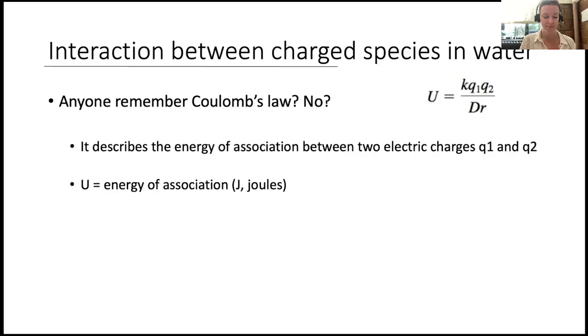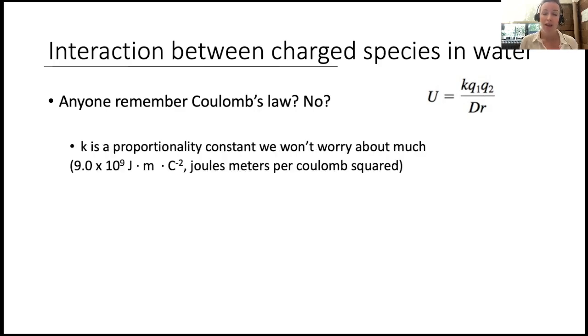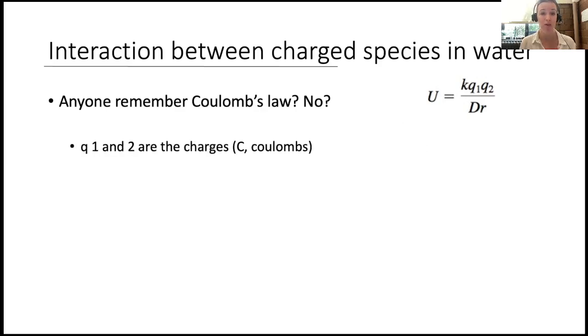So Coulomb's law describes the energy of association between two electric charges. And here are the two electric charges we're talking about, Q1 and Q2. U is the energy of association in joules. We can think about this as attraction or repulsion. K is a constant. Don't worry about the constant. Don't really worry about the specifics of the equation.